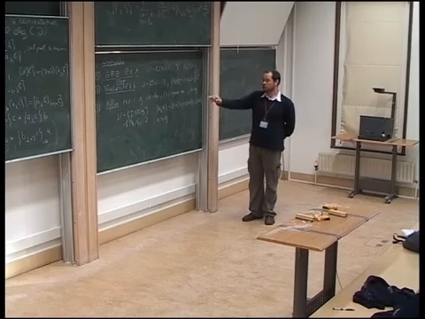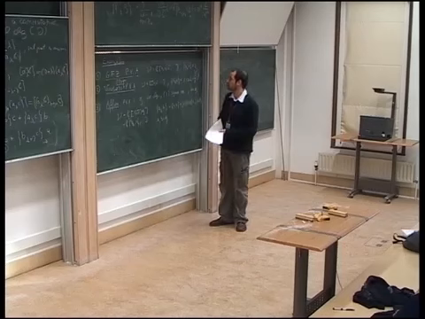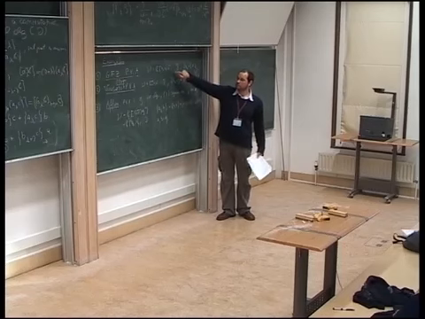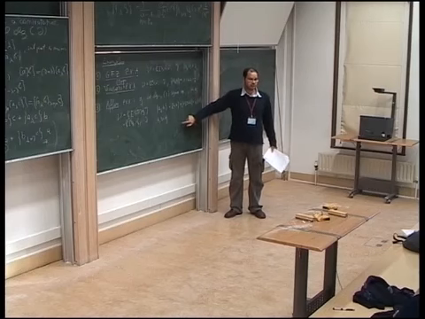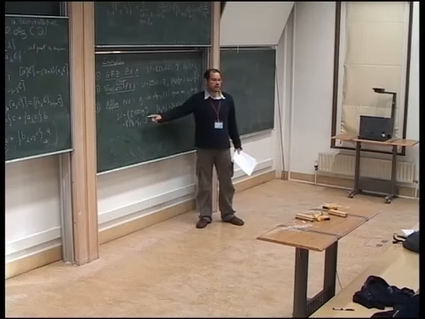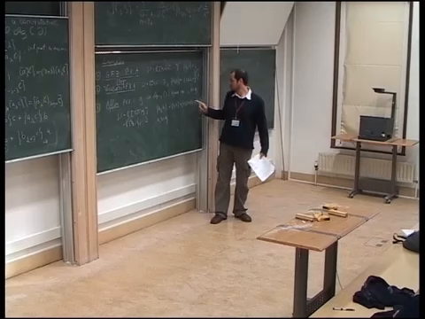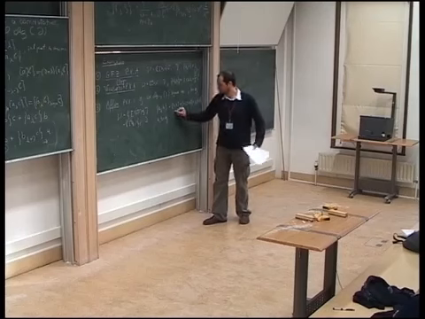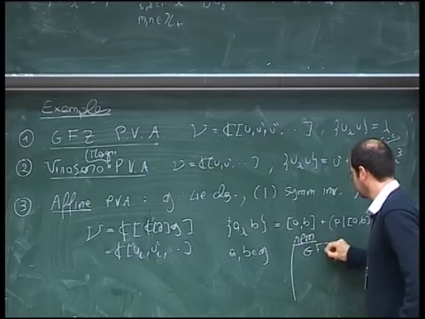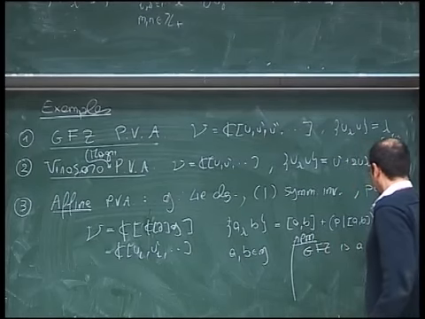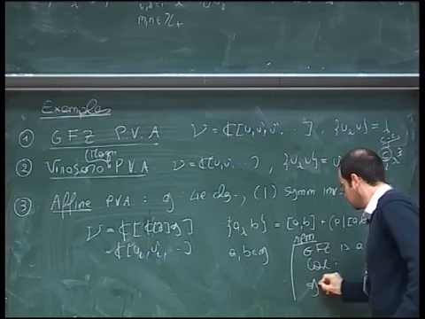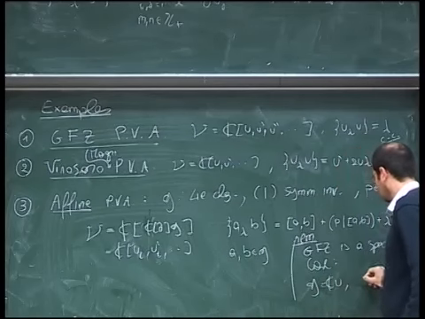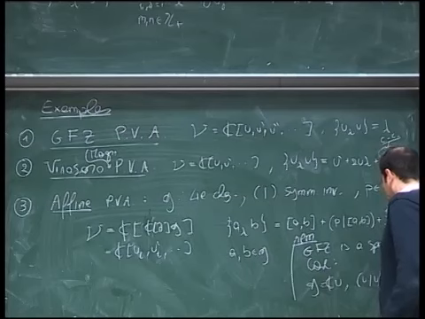In fact, one remark: the Gelfand-Fadeev-Zakharov Poisson vertex algebra is a special case of the affine vertex algebra when you take a one-dimensional Lie algebra, P equals 0, and the inner product of u with u equal to 1.